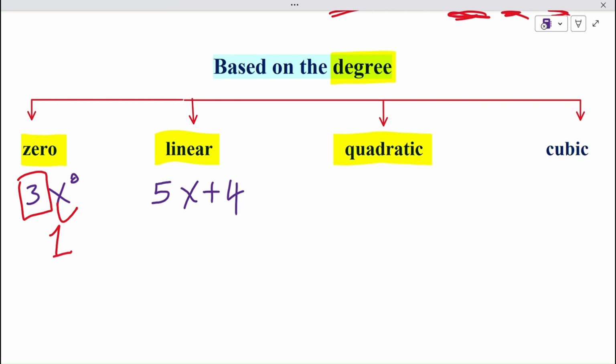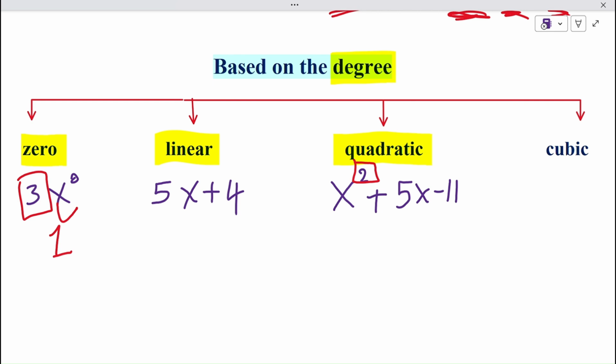Quadratic means a polynomial with the second degree, meaning the power of x is 2. For example, x to power 2 plus 5x minus 11. This is called quadratic, because the exponent of this x is 2.